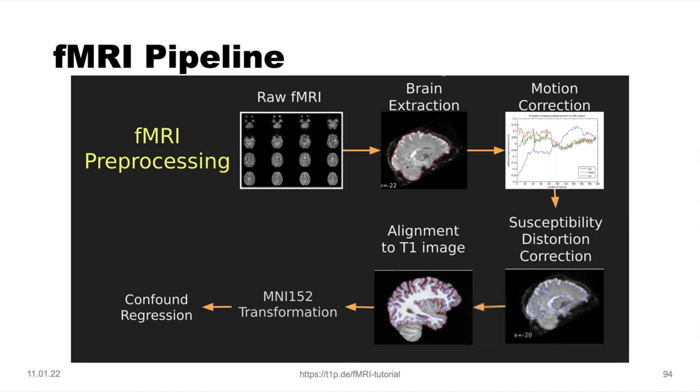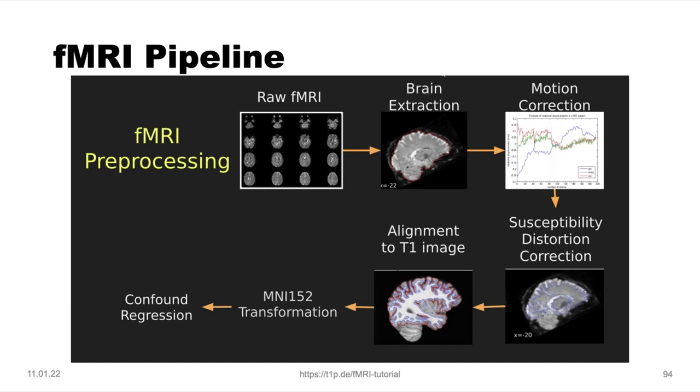So for the fMRI pipeline, just quickly, we take raw fMRI, then we apply brain extraction. The special case for fMRI is that we are taking a sequence of images across time, and usually subjects in the scanner are not completely lying calm, so there is head motion between the images. And in order to correct that, we need to register each image in time to one reference image.